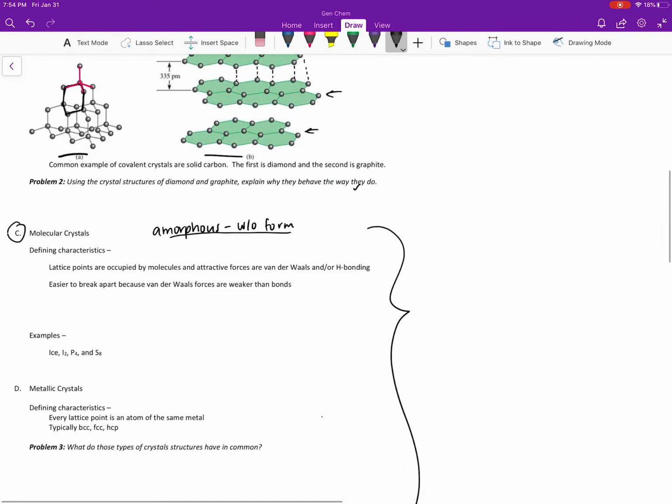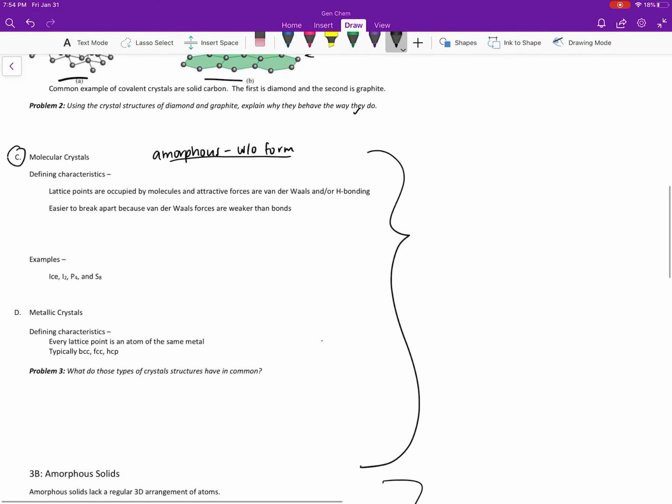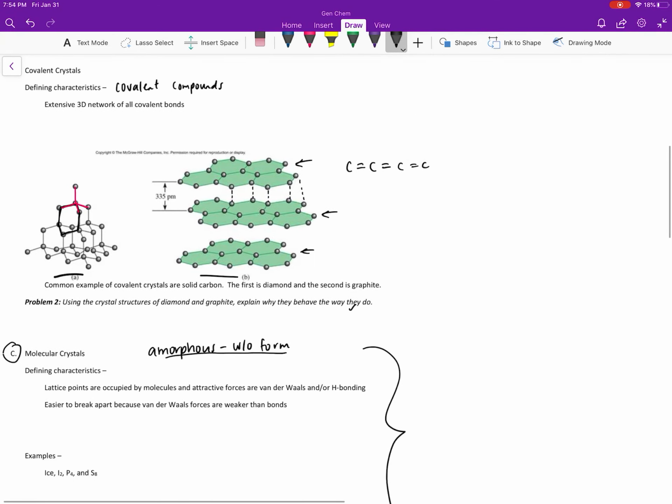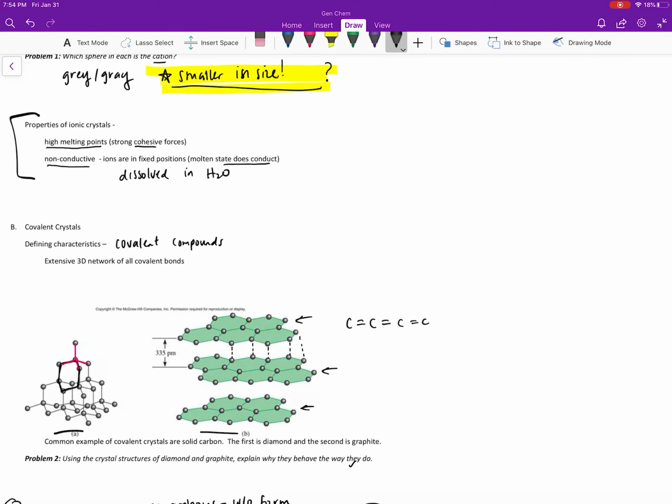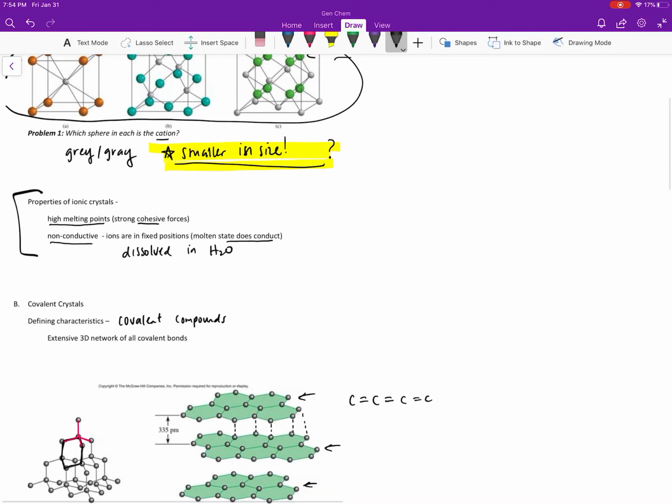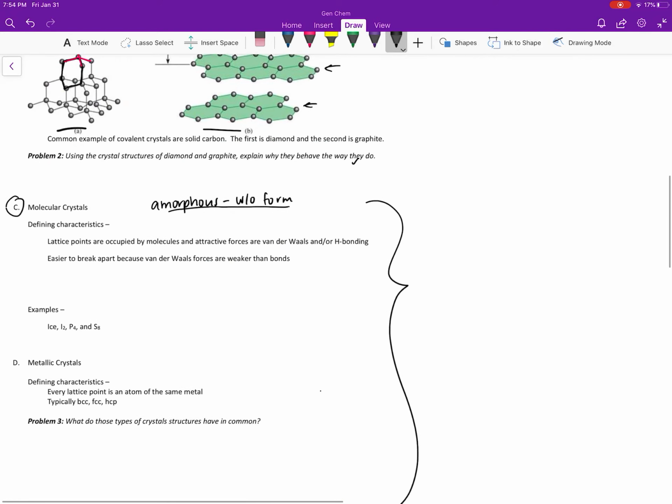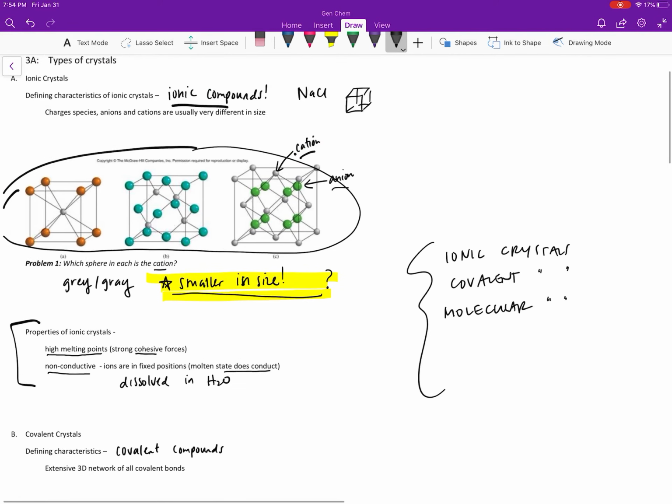characteristics of molecular crystals. So I told y'all to make sure that y'all read these. I wish I had my book with me. In the book there is a section which talks about the properties of ionic crystals and covalent crystals and molecular crystals, and I have to think of the last one, metallic.